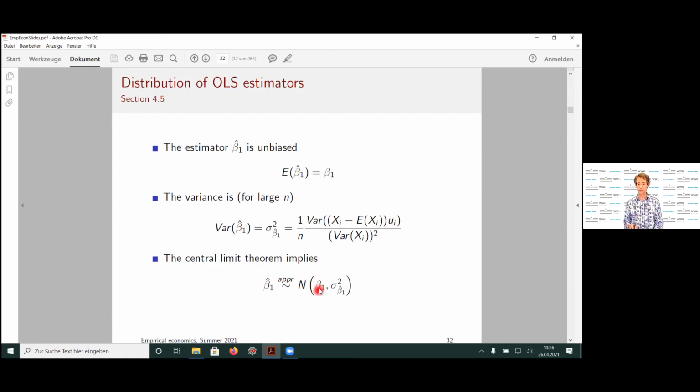We already know the expectation of that normal distribution, because the expectation of beta 1 hat is beta 1. And we also know the variance of this normal distribution, because that's been cited here. So in effect, we know everything about the distribution of beta 1 hat. And that's quite an important result.